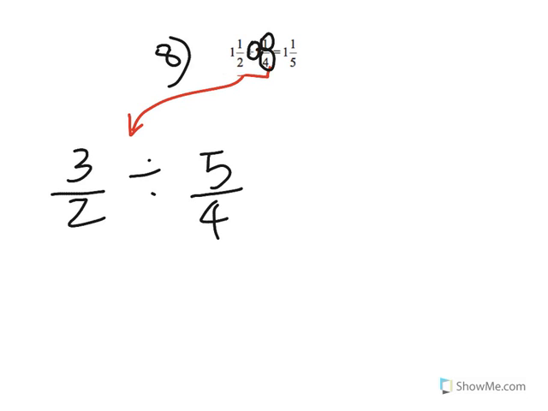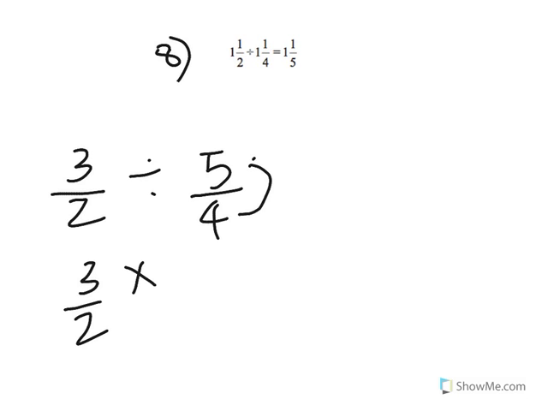So you have this in improper terms, and now it's much easier to prove. When you're dividing two fractions, you can actually turn it into multiplication if you swap these around. So this can be written as 3 over 2 multiplied by 4 over 5. Now you just do normal fraction multiplication, and you get 3 times 4, which is 12 over 10.